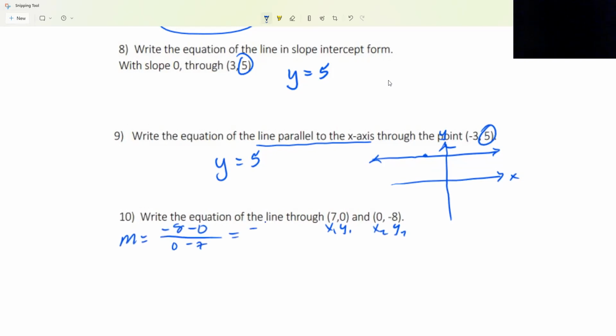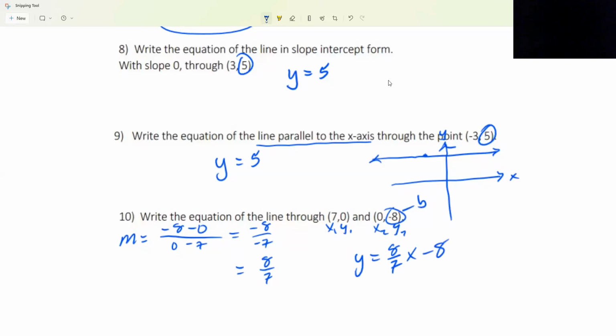It's going to give us negative 8 over negative 7, which is going to give us positive 8/7. Remember, negative divided by negative is positive. So you know what the slope is. We also know what b is because they give it to us. So that's your b. So now you just put it together. 8/7 x minus 8.